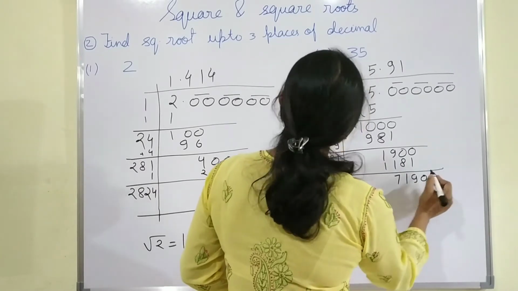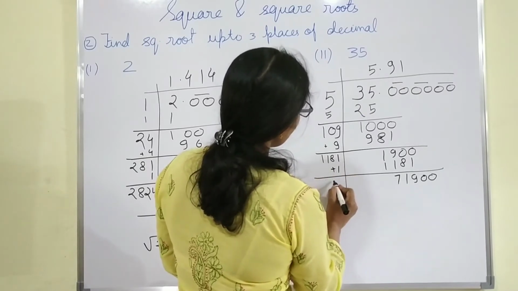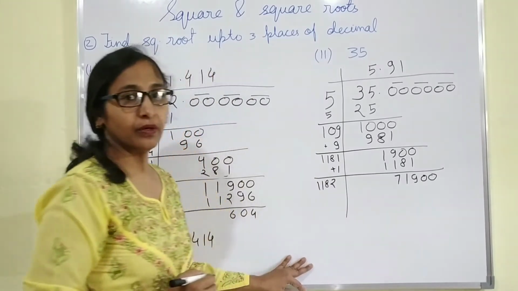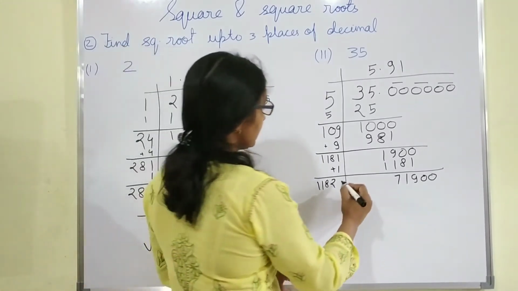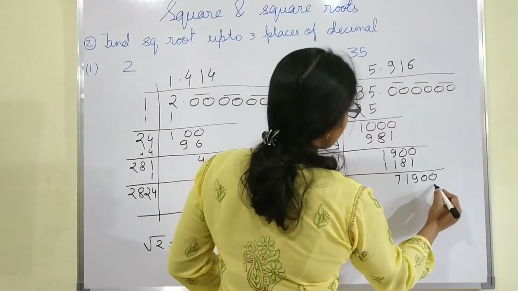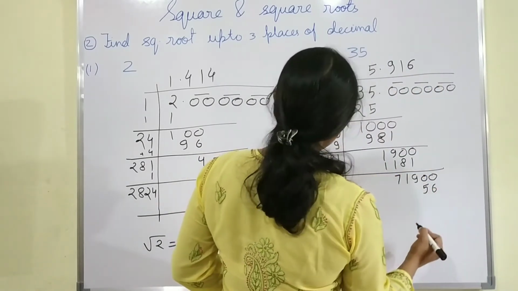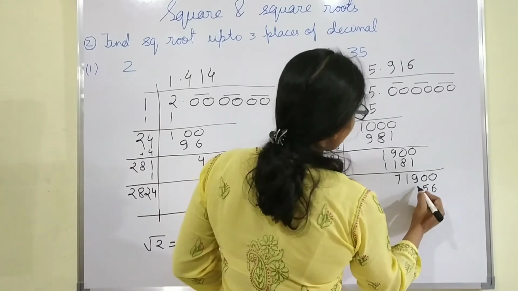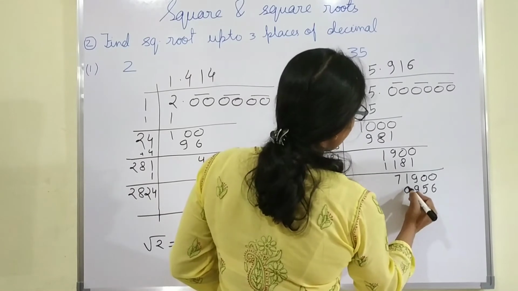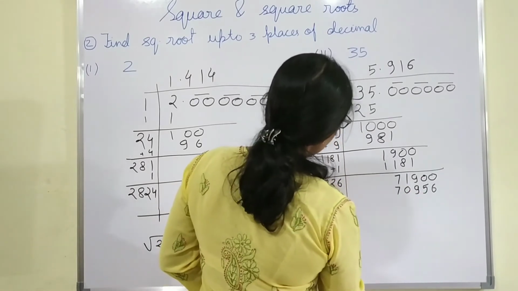Again 2 zeros plus 1 here, so 2811. Okay. Now we will take 6. 6 6s are 36, 6 2s are 12, 13, 14, 15, 6 8s are 48, 49, 6 1s are 6, 10, carry 1, 6 1s are 6, 1, 7.